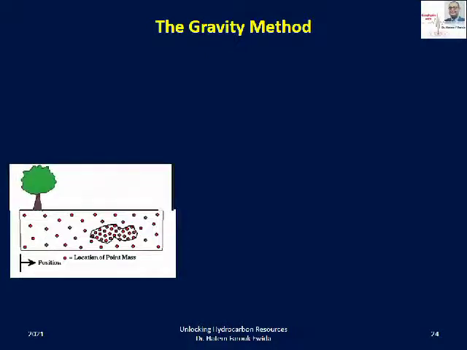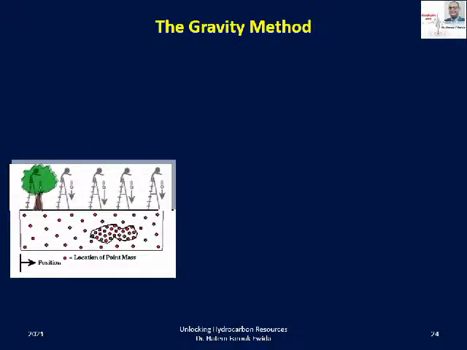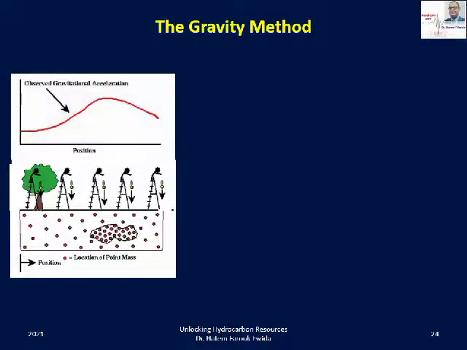If I come from the surface and throw a ball in each of these different positions, imagine at which location the ball will touch the earth before the others. This is what is measured in the gravity method.